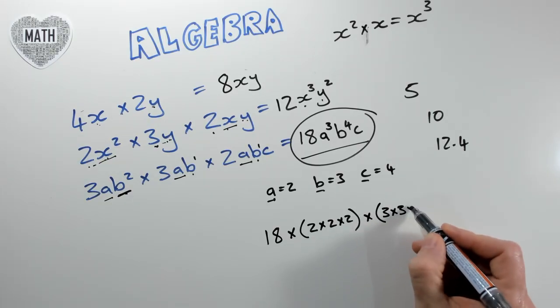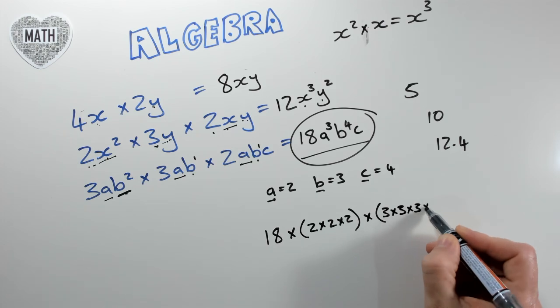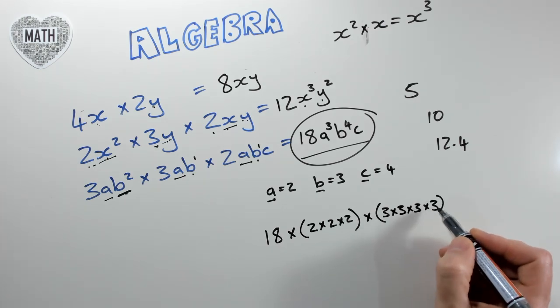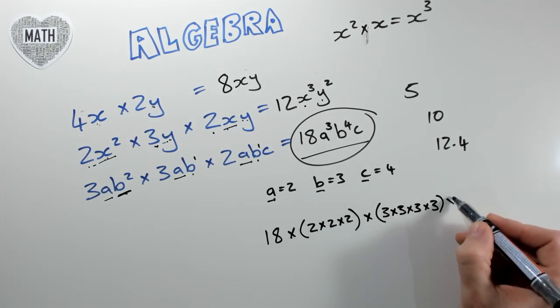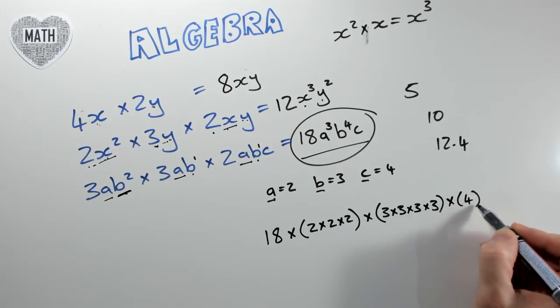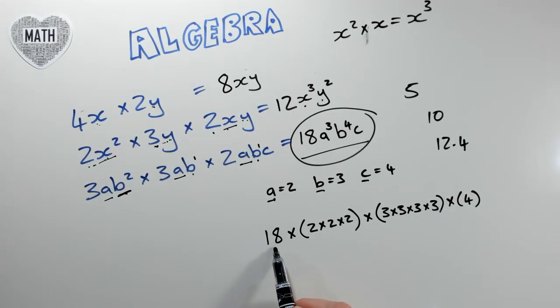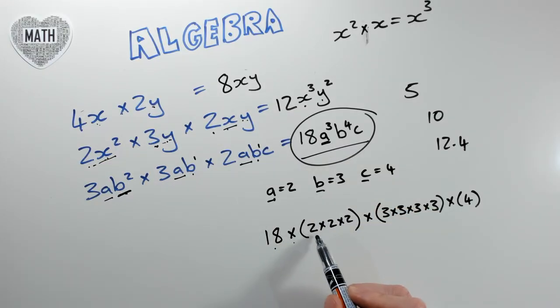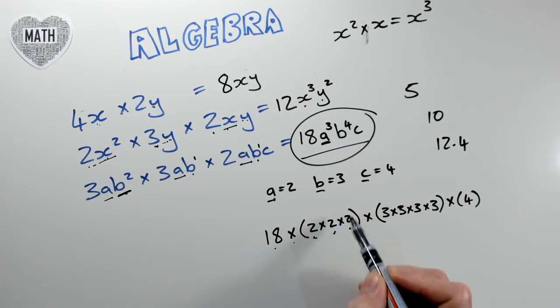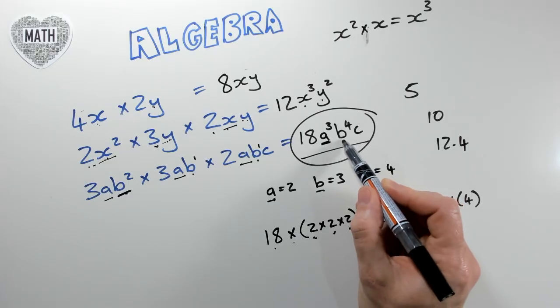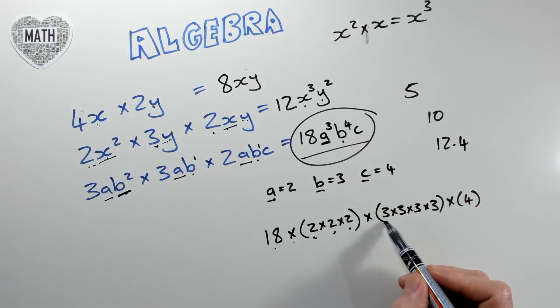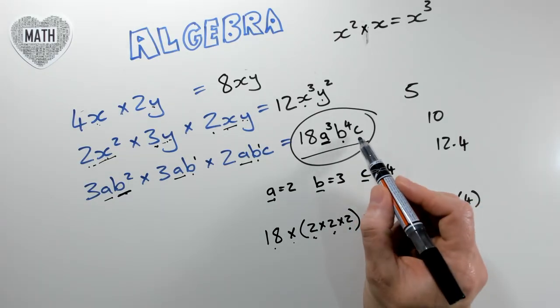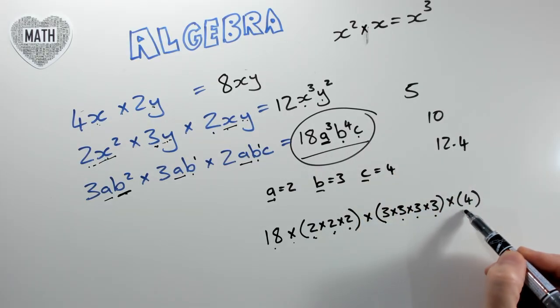I'm just trying to make it look nicer, but the more I write, the worse it looks. Basically, I'm saying there's a number 18 multiplied by a certain number a, in that case 2, multiplied by itself 3 times, and multiplied again by another number b that's multiplied by itself 4 times, and in the end multiplied by c, which is 4.